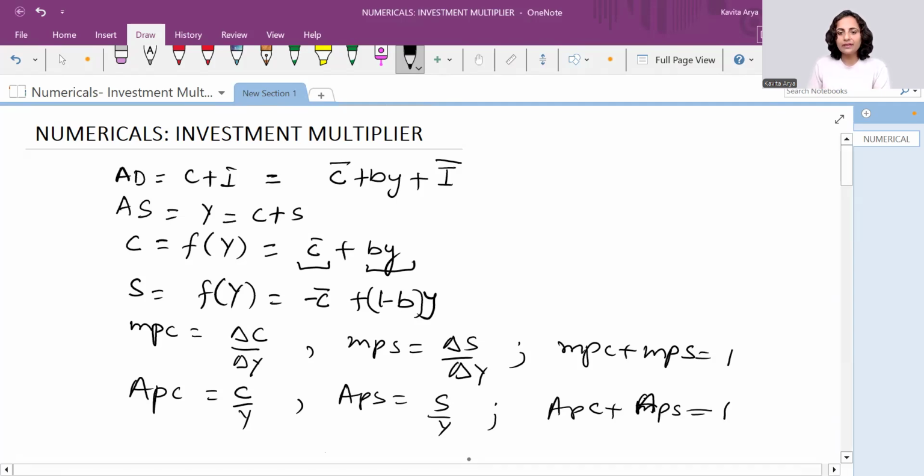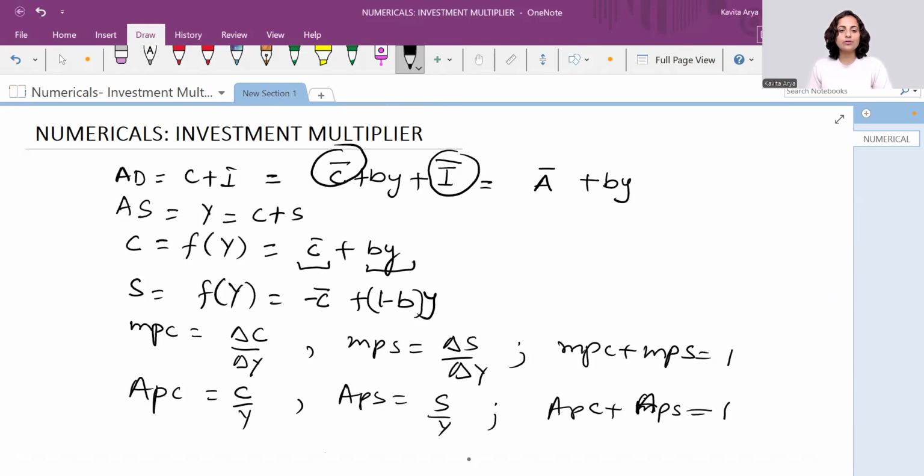So they have given a name A bar to these two together, which makes A bar plus BY. Few years back, you did have a question in the board which talked about AD is equal to A bar plus BY, wherein A bar was given, means the combined autonomous consumption and investment was given along with MPC and income. So you were to find AD. That was a bit confusing for the students, but now I hope it's clear to you.